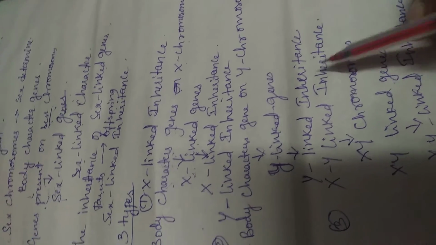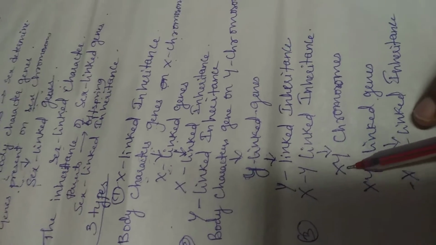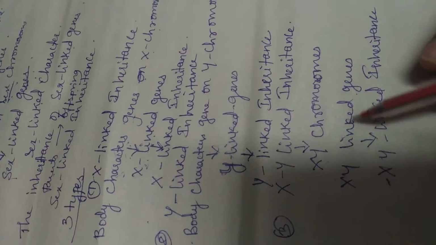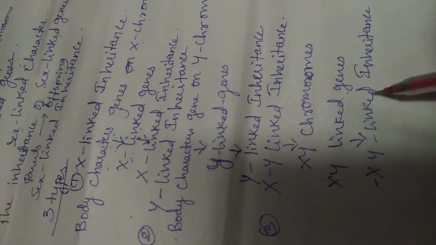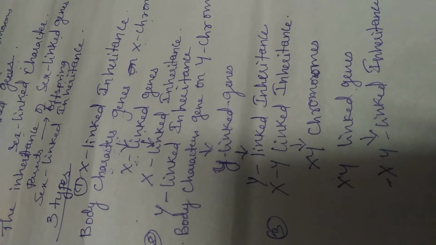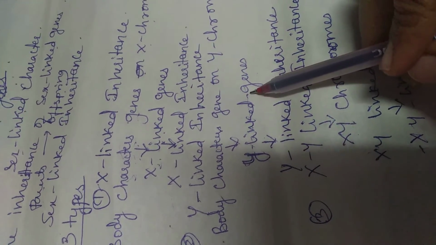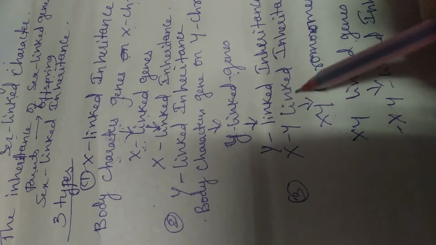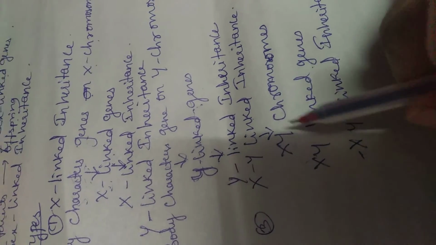Then XY-linked inheritance, where the body character controlling genes are present on X and Y chromosomes. These are called XY linked genes, and inheritance of those genes is known as XY linked inheritance. Examples of Y linked inheritance are hypertrichosis and baldness and many others. XY linked examples are nephritis and xeroderma pigmentosa.